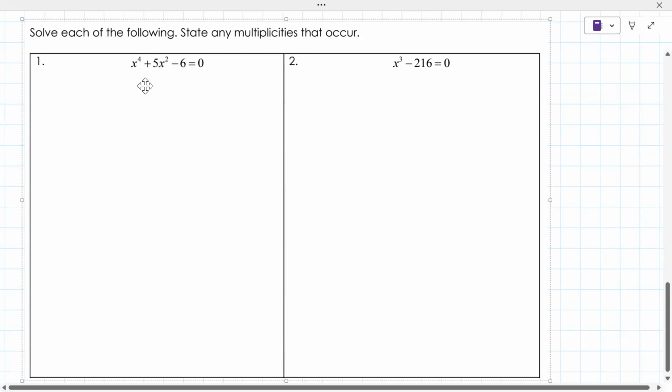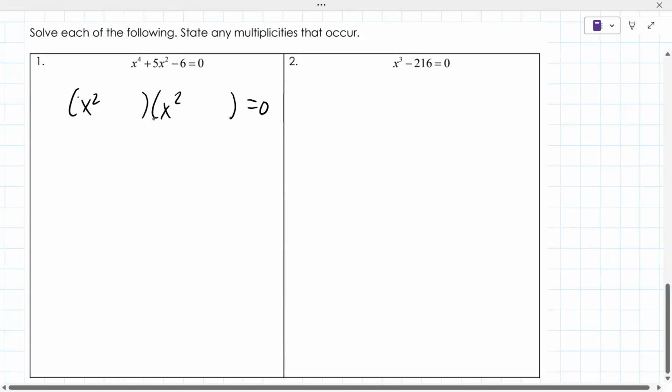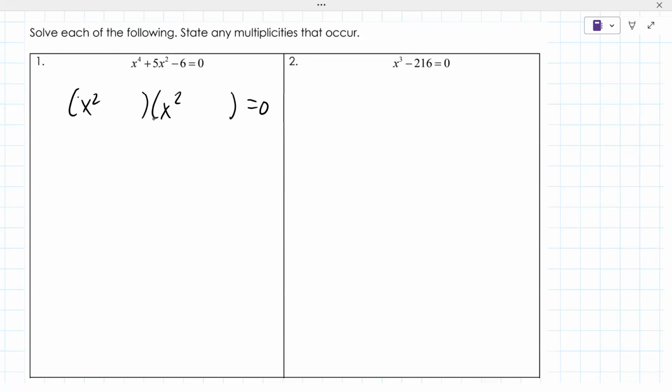These are both considered higher order factoring problems, so they're maybe a little bit different. There's two ways to do the problem on the left. One way is to just be okay with the idea that it's an x squared factoring. Some students make a substitution.